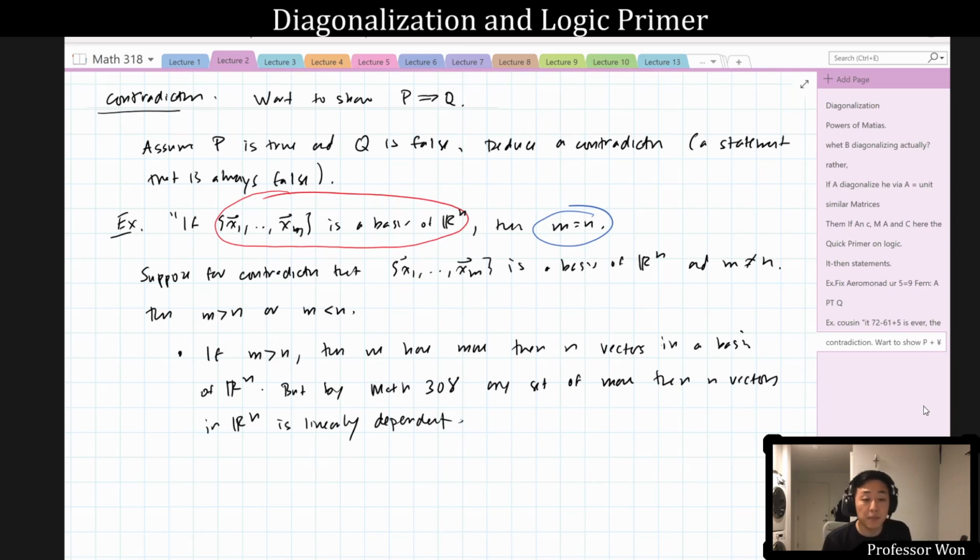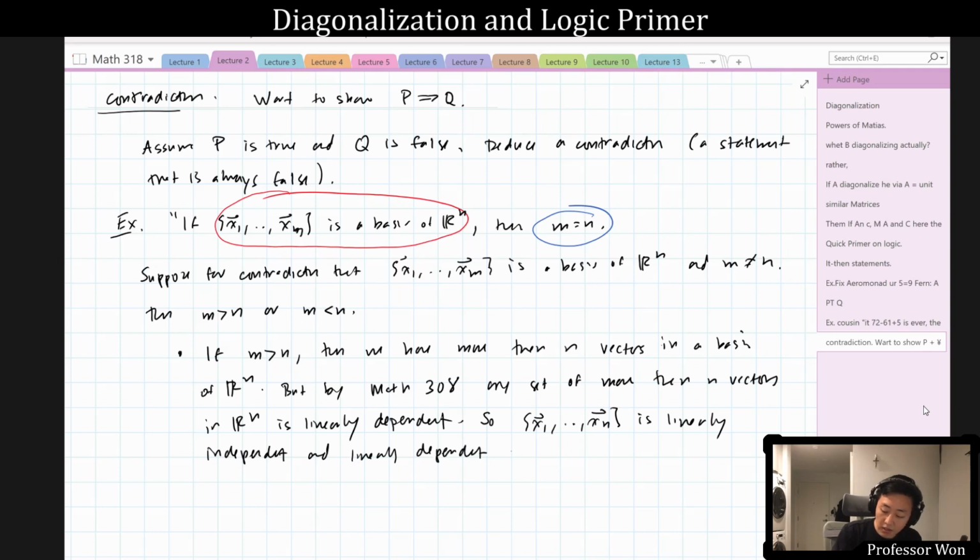But that means that our basis is linearly independent and linearly dependent, and that's a contradiction. So this basis x1 through xm is a basis, so it's linearly independent, and it's linearly dependent, which is a contradiction.